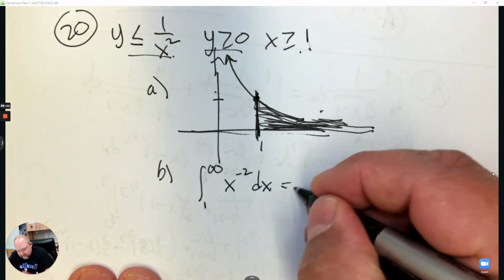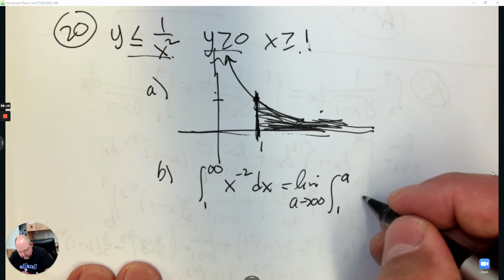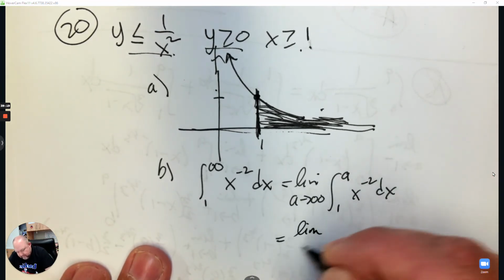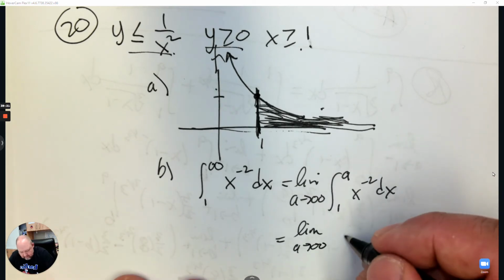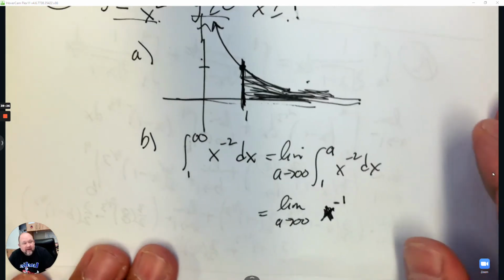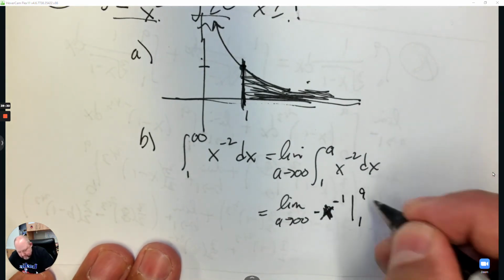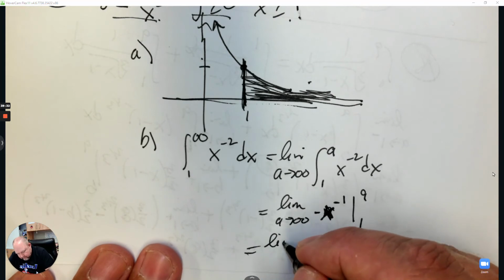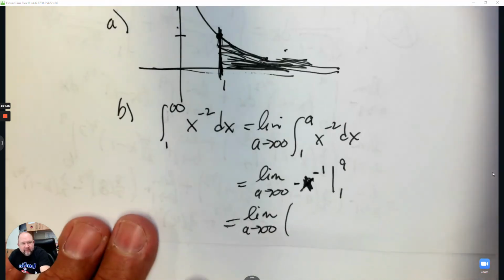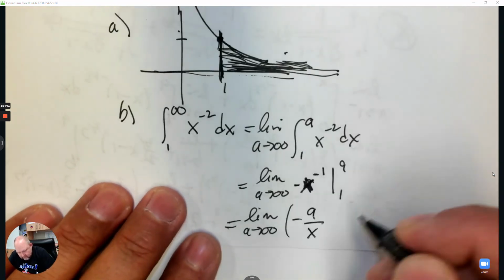I need to set this up as a limit. And then to integrate it, I'm going to add 1 and divide by negative 1. I'm going to write it algebra friendly so I can see if it diverges or converges. So that's going to be over x.